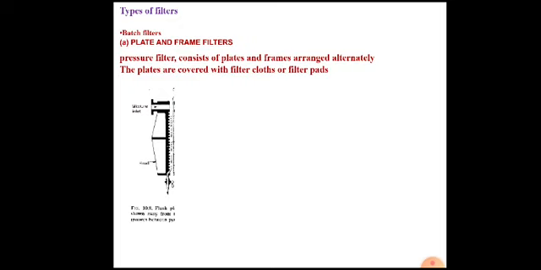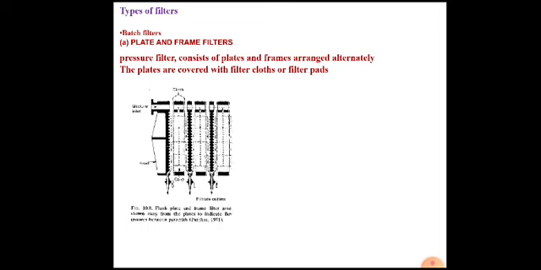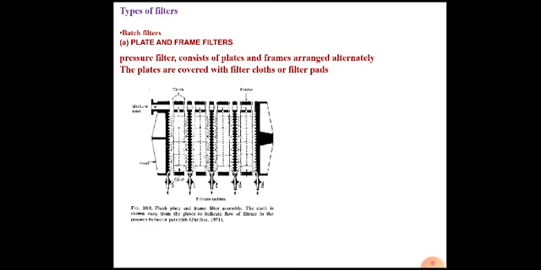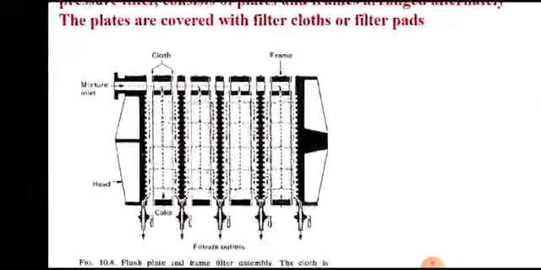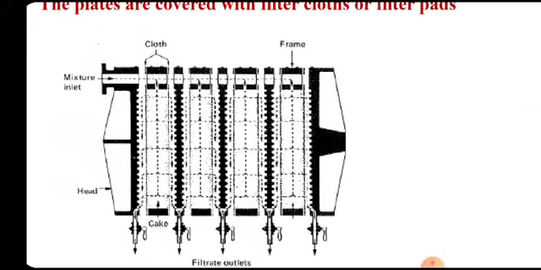So the network is like this: plate, frame. These plates are covered with cloth, as you can see in this diagram: plate, frame, and in between there are channels that allow the passage of liquid.